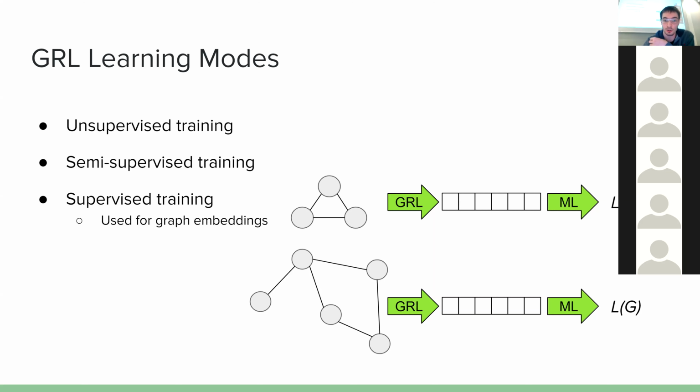So yes, encoder-decoder is a pretty standard architecture for graph representation learning. And there are, of course, multiple techniques that change what these encoders and decoders will be. Thanks.